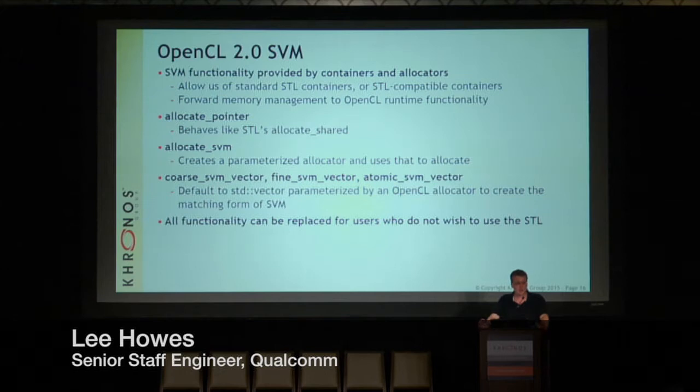Some devices allow full system sharing of arbitrary pointers with atomic support across the platform, and so we have to be able to deal with that. So we're providing interfaces that allow you to allocate shared virtual memory underneath STL-style vectors, underneath smart pointer abstractions and so on, and give access to that through the system.